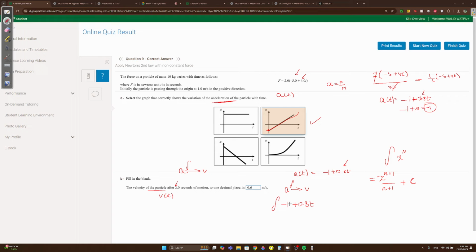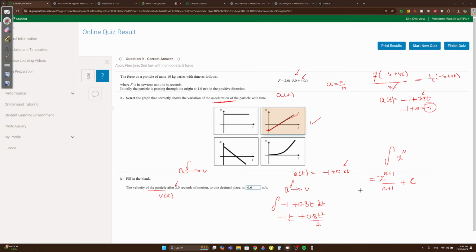Let's integrate. Minus 1. If there's no variable beside it, this should be dt, that doesn't matter, but anyway, focus. If it's just a constant number, you just take it down and add a letter beside it. Okay, easy. 0.8t is going to be 0.8t squared over 2. Why?